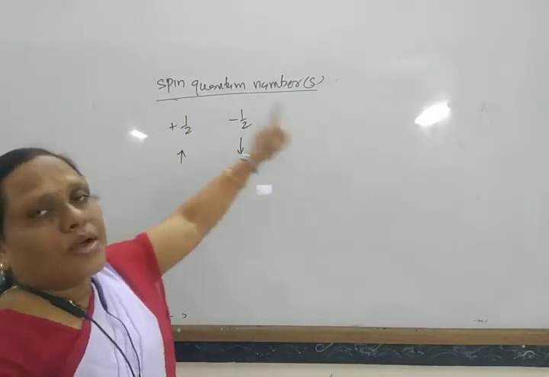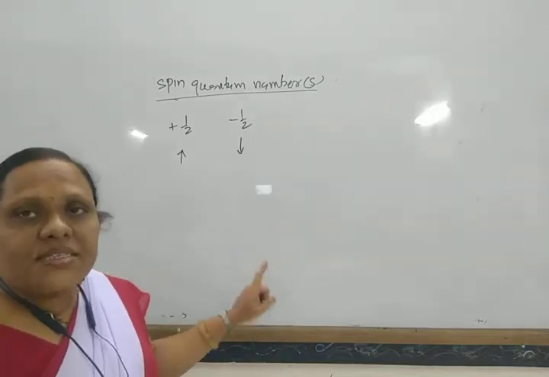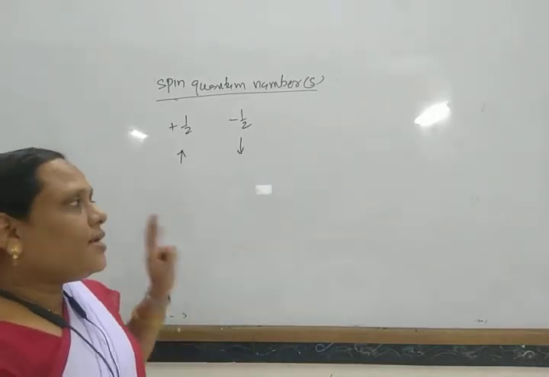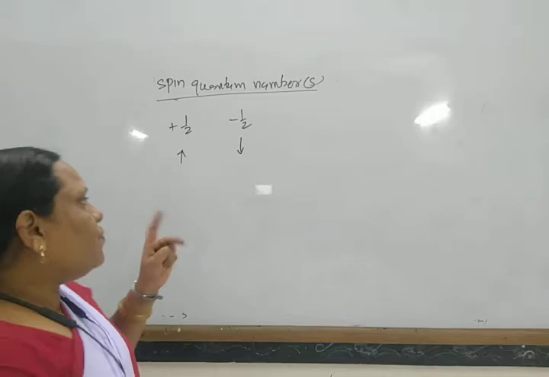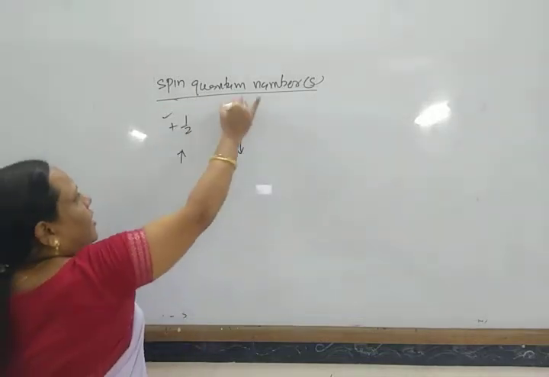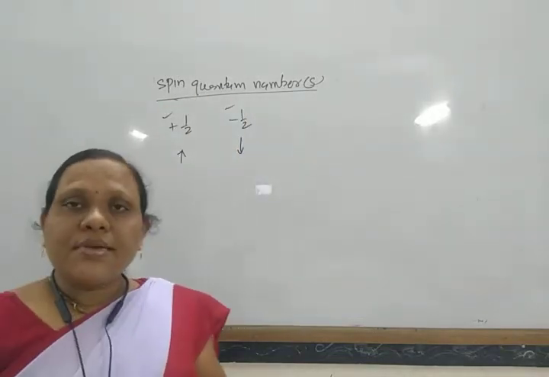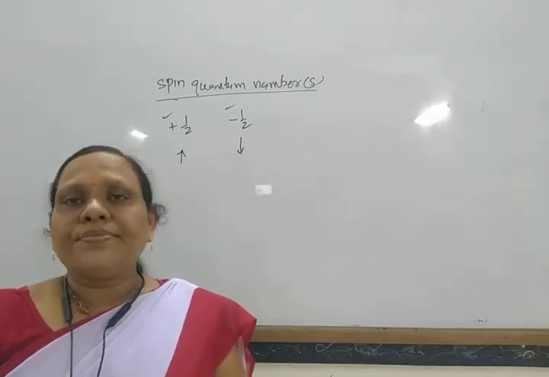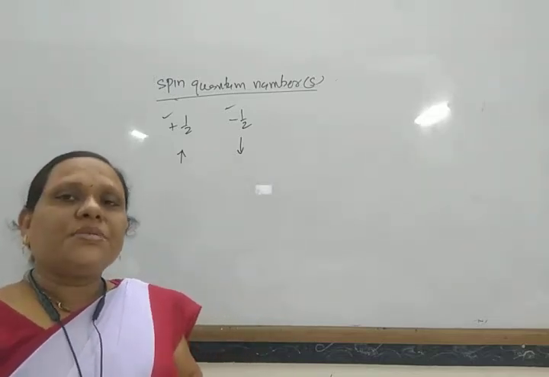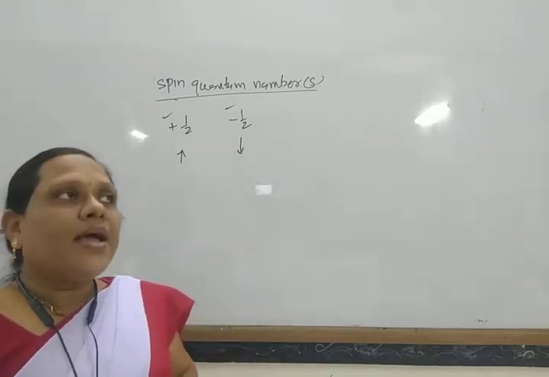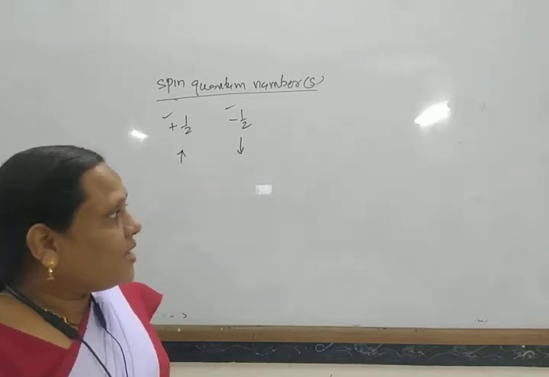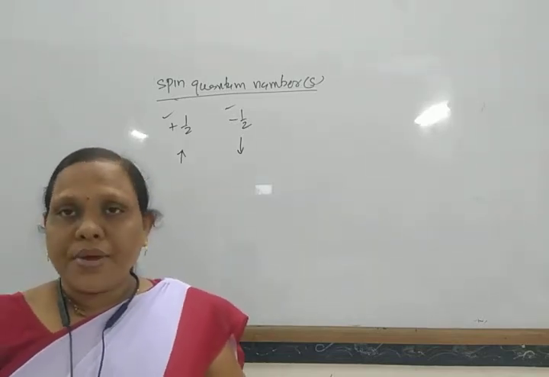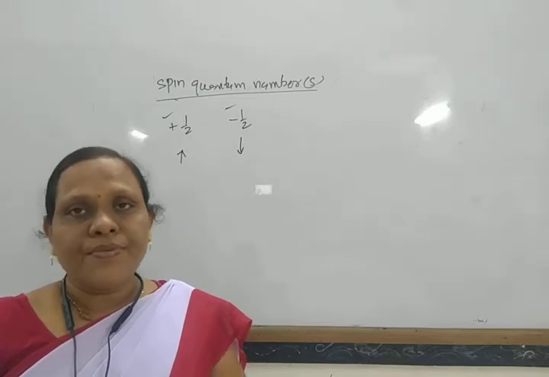So the spin quantum number represents the spinning of the electron, and it has only two values, plus half and minus half. This spin quantum number also represents the spin angular momentum, and it describes the magnetic moment or magnetic character of matter.